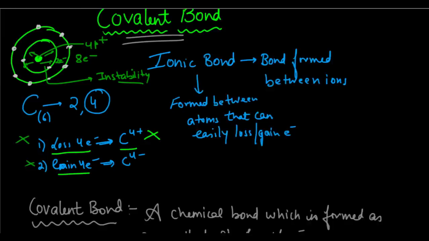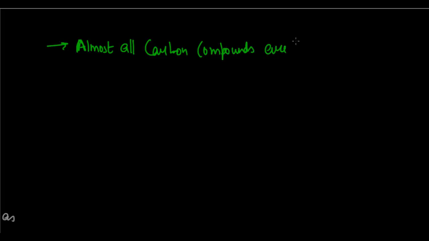Now, let us have a look at some of the common covalent bonds, right? First of all, almost all carbon compounds are covalent compounds.